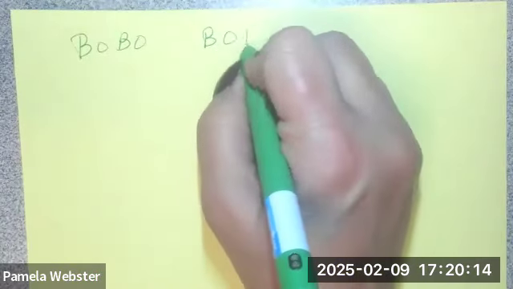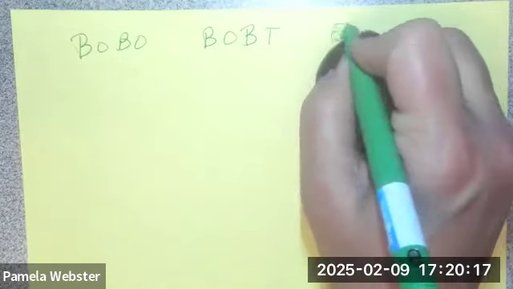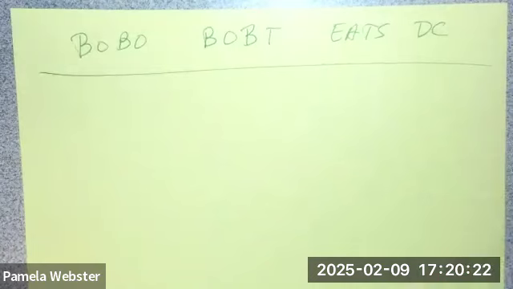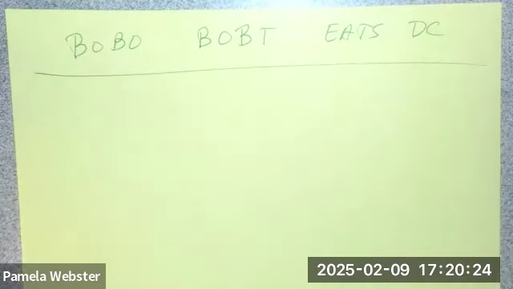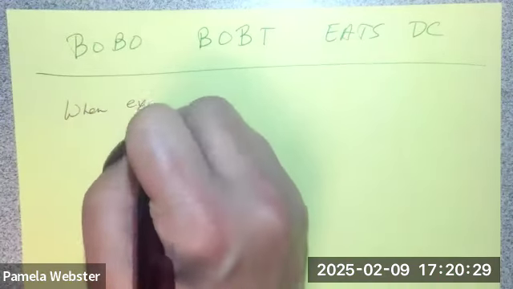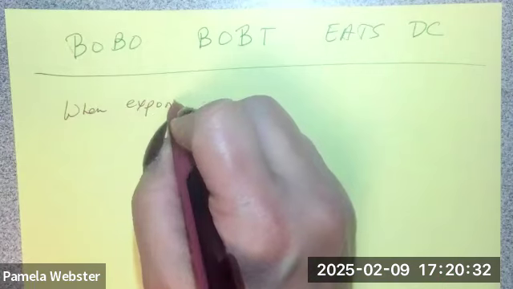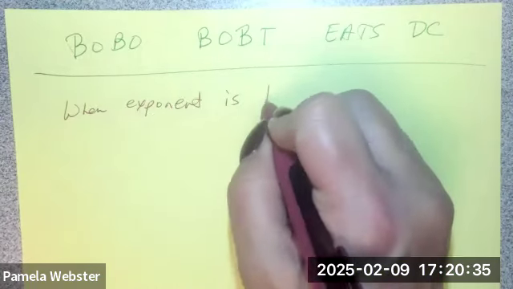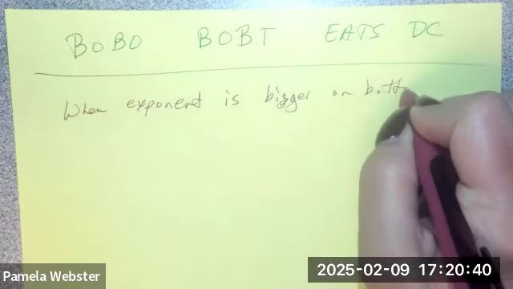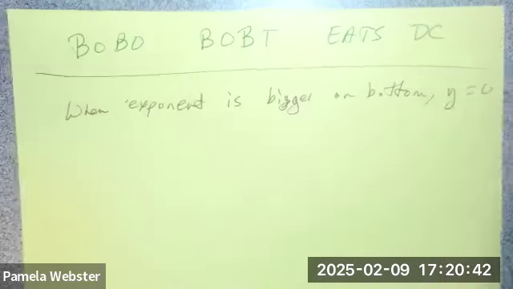So remember, there's 3 rules. Some people like the little mnemonic, BOBO, Botan eats DC. If you want that, fine; if you don't like that, go find something else or just remember the 3 rules. Let's go in order. When the exponent is bigger on bottom, there's a horizontal asymptote at y equals 0.